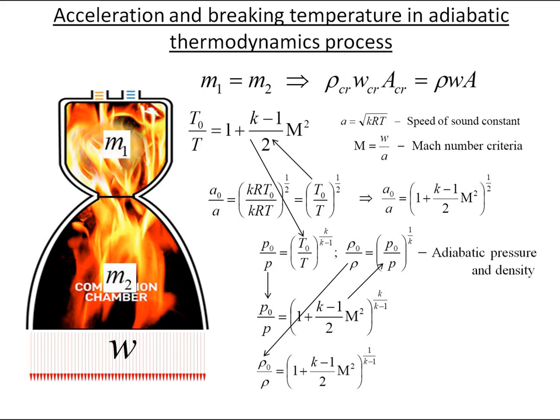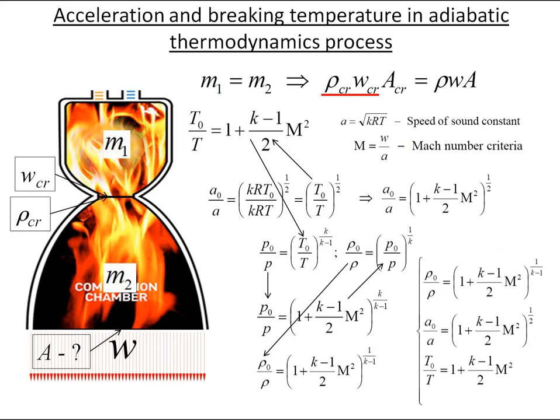Before starting to find the area of the Laval nozzle at the exit, we need to find the critical values of density and speed. So we write all needed thermodynamics equations in one equation system. This equation will be necessary later.